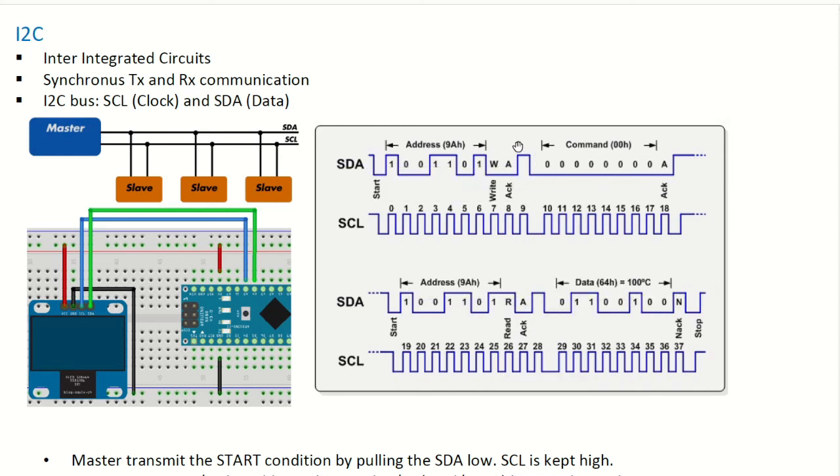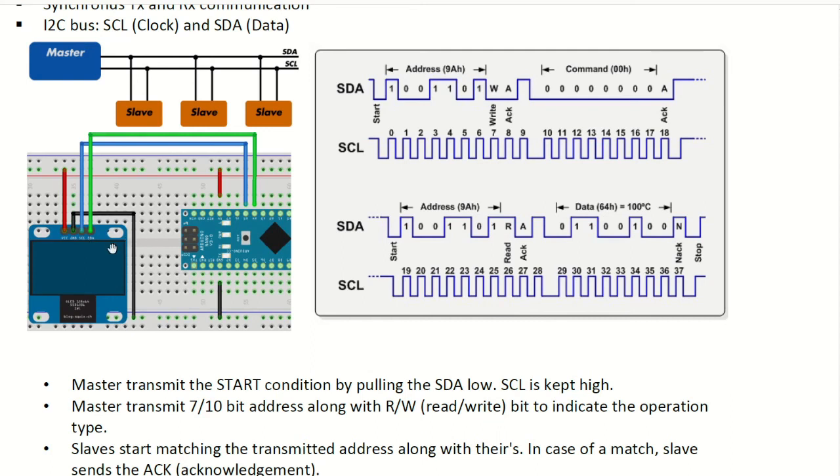You can of course transmit commands and receive information. This is an example with an OLED screen and an Arduino. You need only 4 wires: this is the power, this is the ground, and the 2 communication wires.